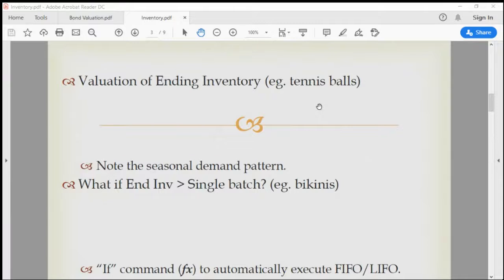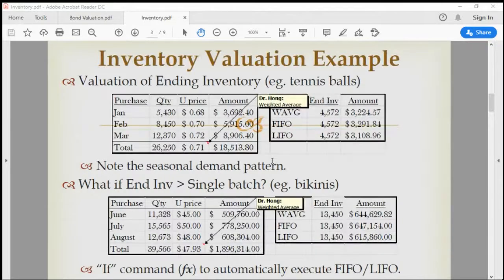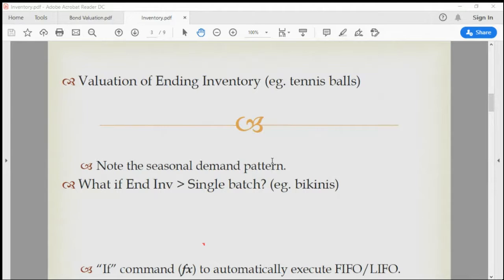We cannot trace them unless we can trace them all the way back to when they were purchased. We'll have to have a technique or some average value to multiply by that quantity in the ending inventory.